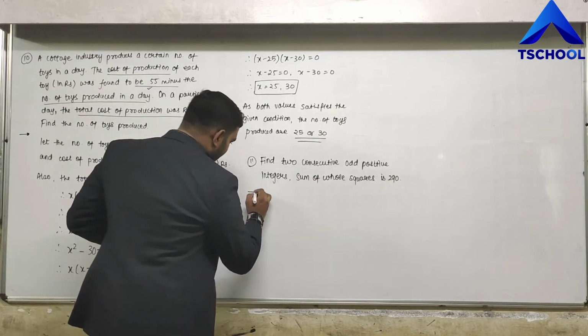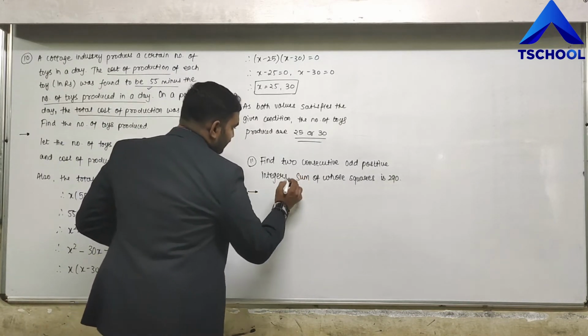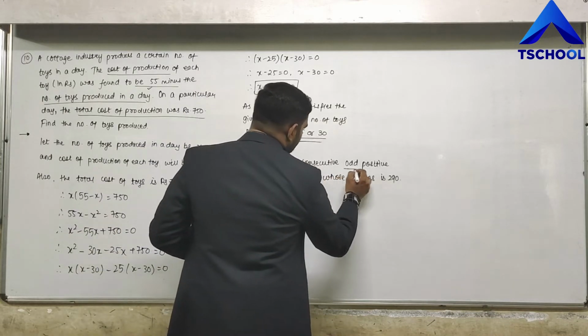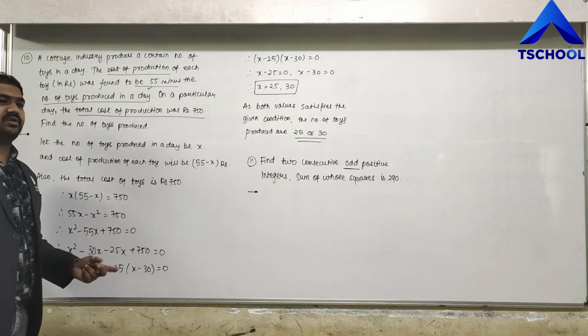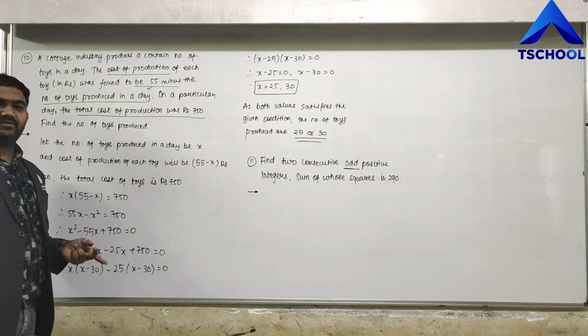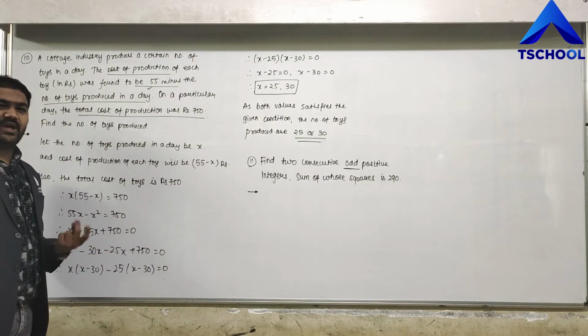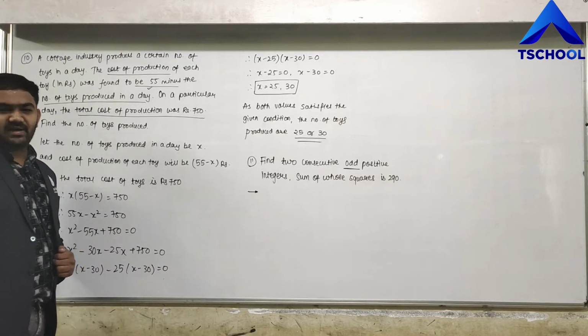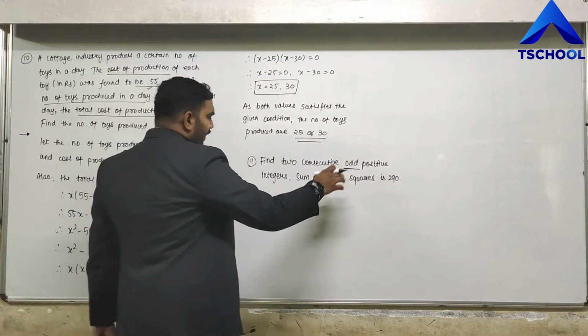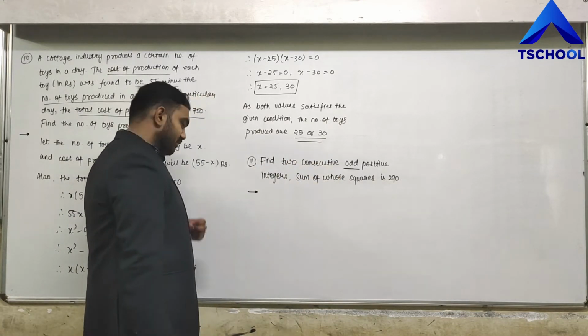So first of all, what we have here is, see, two consecutive odd positive integers. Odd positive integers, that means 1 3, 3 5, 5 7, 7 9, and so on. That means only the odd numbers, the odd integers we are going to take, right? So what can we say about this now?